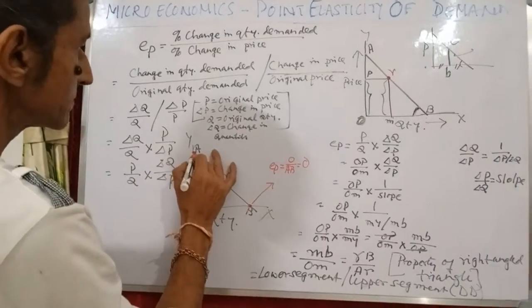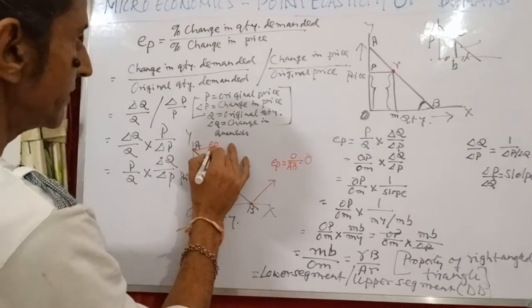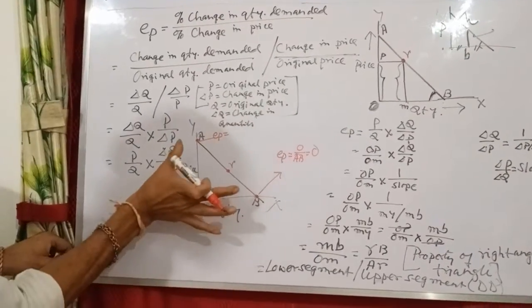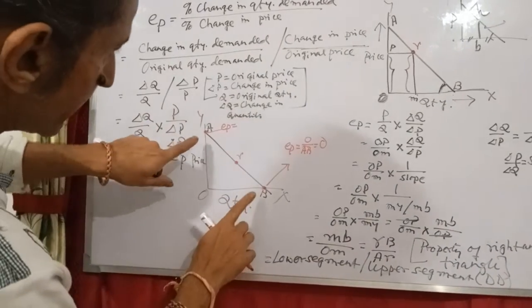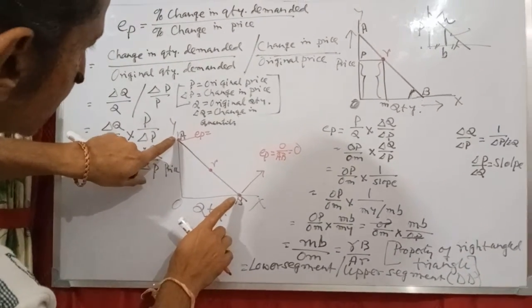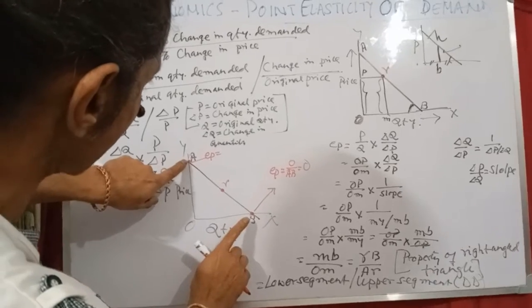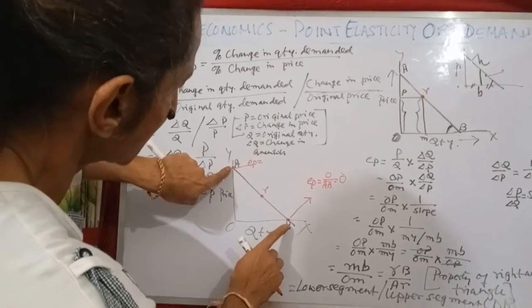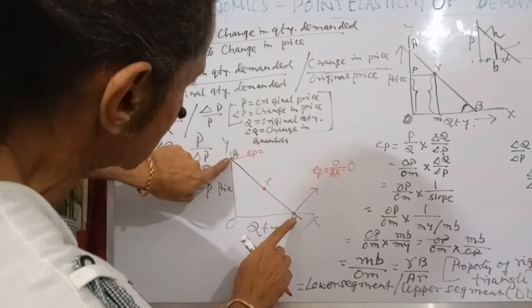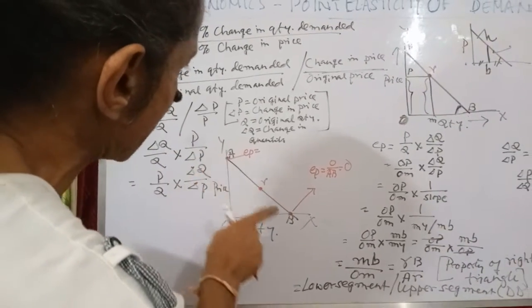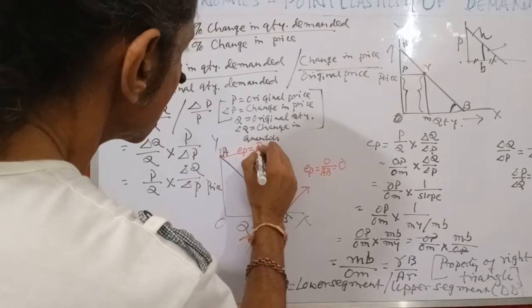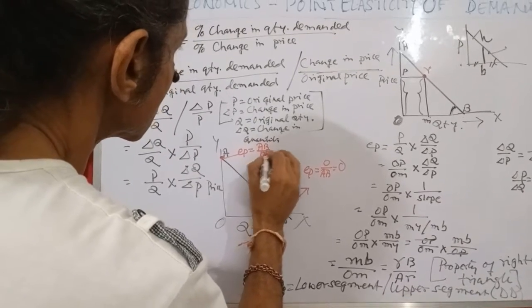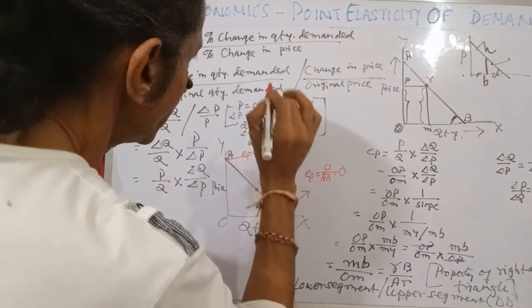At point A, EP equals lower segment by upper segment. The whole of the demand curve is the lower segment as regards point A. In the context of point A, whole AB is the lower segment. And how much is the upper segment? 0. That is AB by 0, equals infinity.